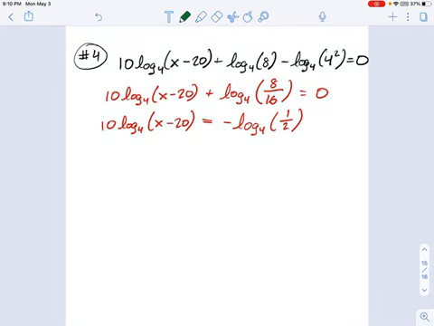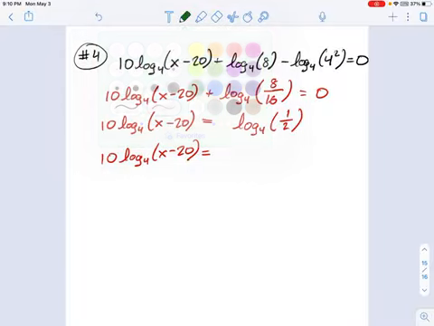But just to point something out, I'm still in green. I'm going to rewrite that right side again. An interesting thing about logs is that when you have a negative logarithm, remember that's like a -1 power. Let's rewrite this the following way, just to highlight what I'm doing here. That's -1 log.